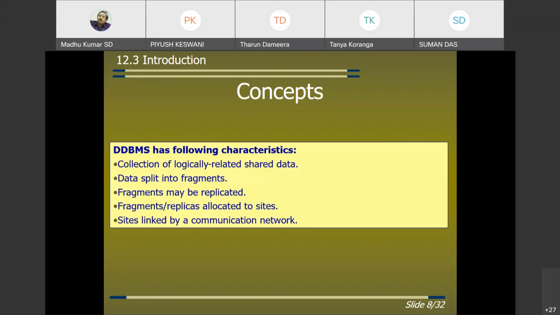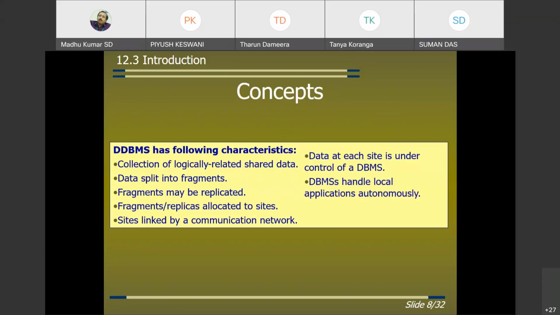The sites are linked by a communication network. The different sites are connected by communication links, maybe satellite, fiber optic cable, or wireless connection. The different sites are linked as part of a communication network. And data at each site is under the control of a single DBMS.